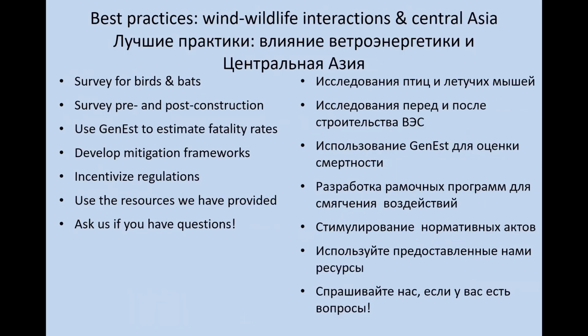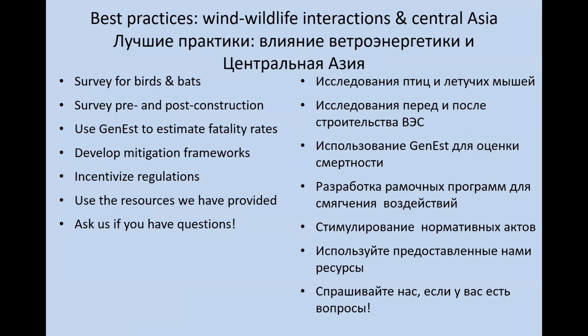So that's kind of a very fast summary of just all of the most important things in these lectures. I think that if you were to take just some very short messages away, if you're trying to assess environmental impacts at wind facilities or at a potential wind facility, you should survey for both birds and bats.